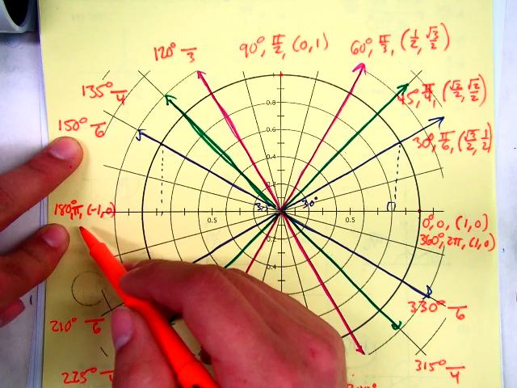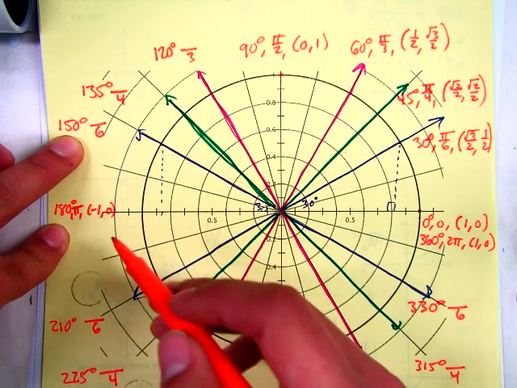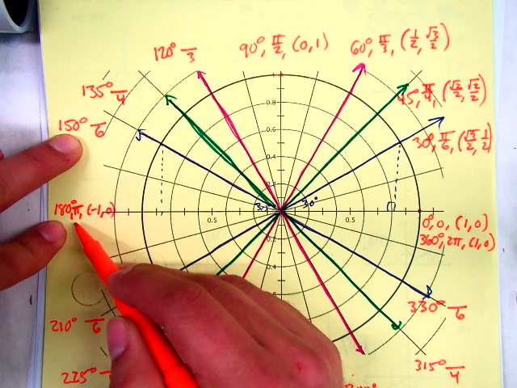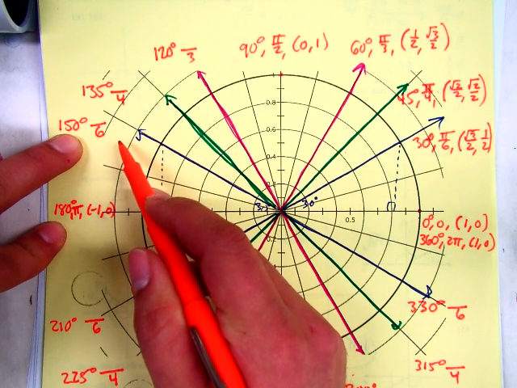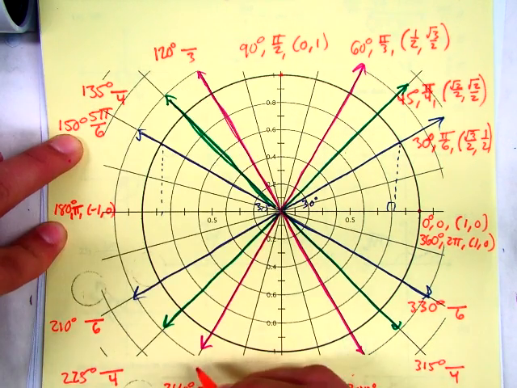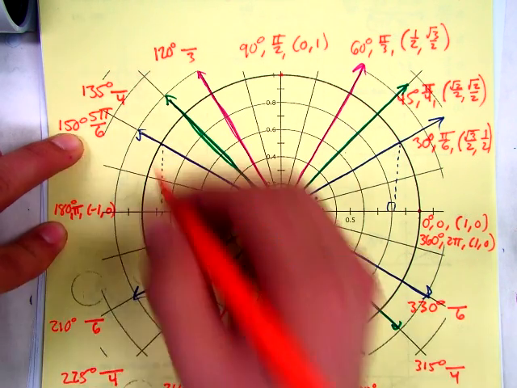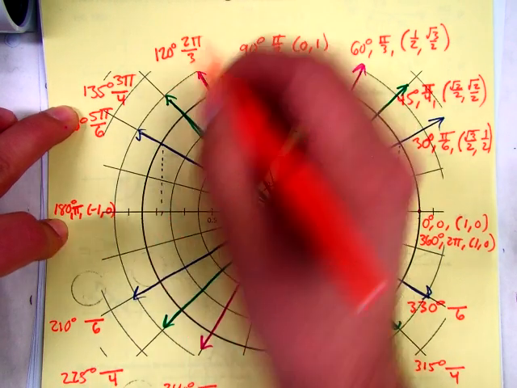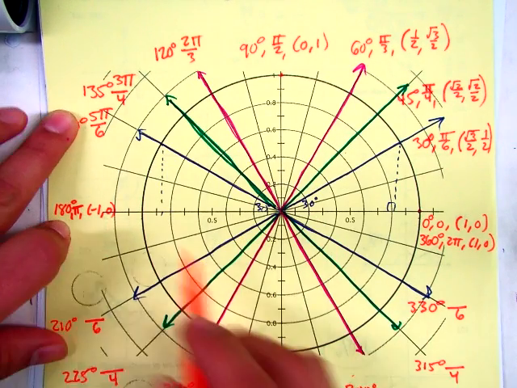It'd have to be 6 pi over 6 to be equal to pi. Does that make sense? Think of it as 6 pi over 6, but we're back 1. So this will be 5 pi over 6. Do you guys see how we're doing that? This will be 3 pi. This will be 2 pi. It's always 1 less. 1 less than the denominator.